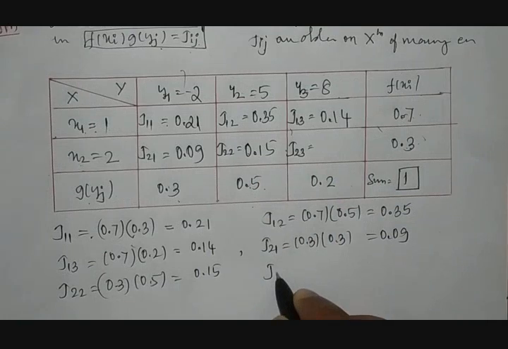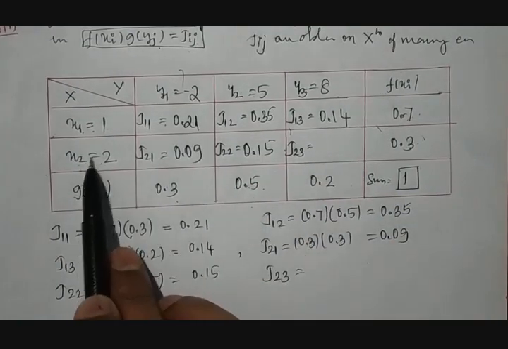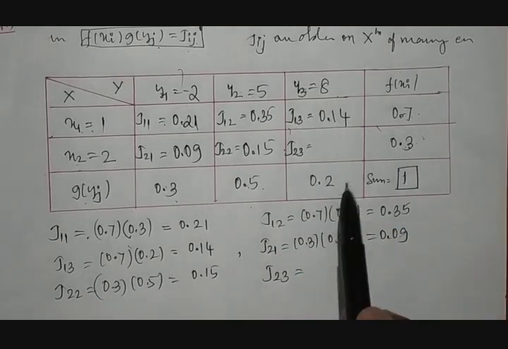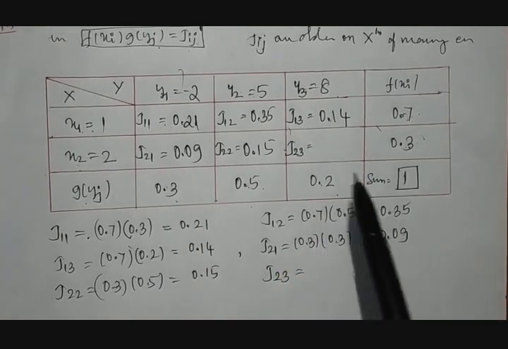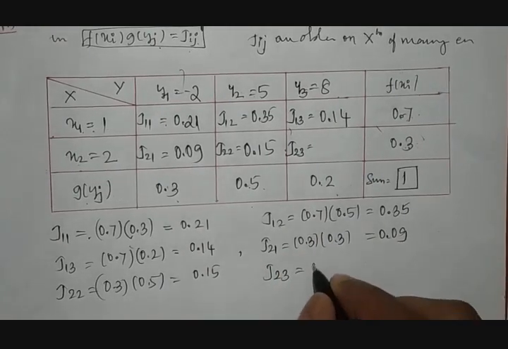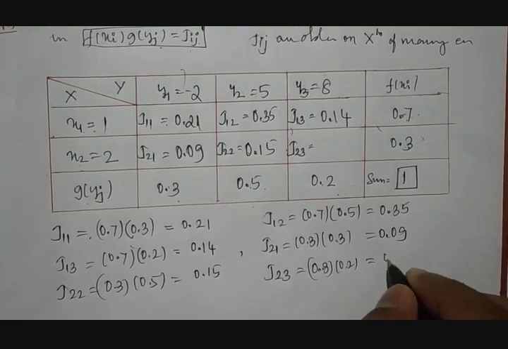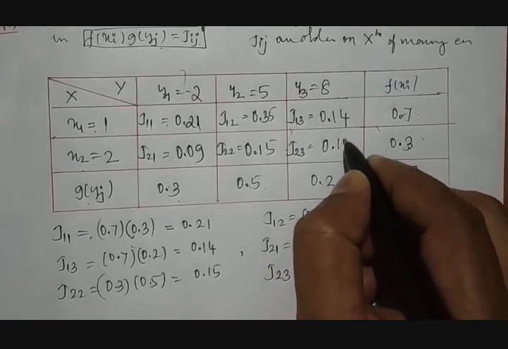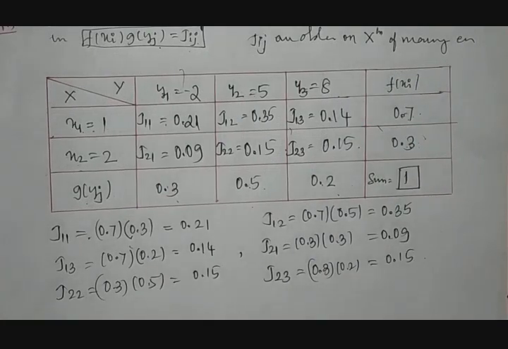Next, J23. J23 means what? Second row and third column. So 0.3 into 0.2, which is equal to 0.15. So now we have all the entries in a table.